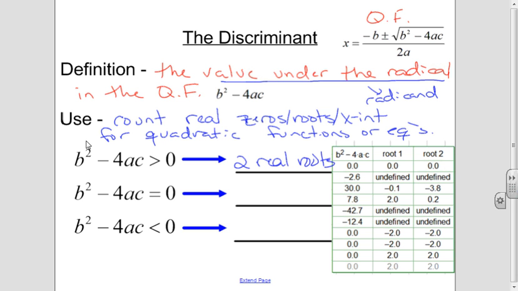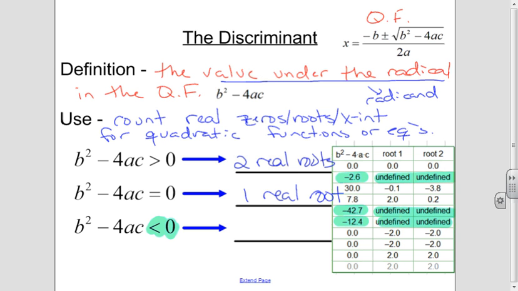Okay, now we'll look here for where it's equal to 0, which would be here, here, here, here. Okay, we notice that you are in fact getting one root. It's the same root both times. Okay, so when the discriminant is 0, you're in fact getting one real root. Okay, do a little erasing here of these table values, and then we'll look here and say, well, when the discriminant is negative, which was here, here, and here, you see that you don't get any root values.